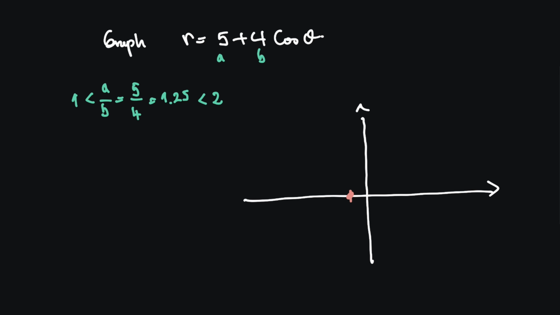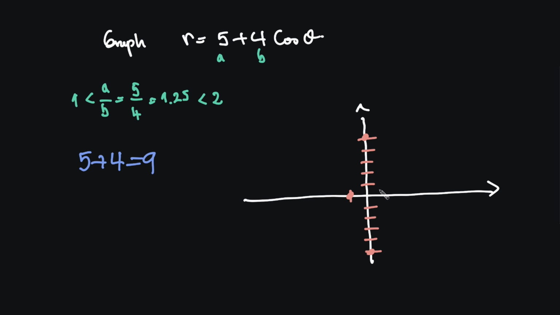Let's find the intersection points. The circles that are going to be intersected are 1, 2, 3, 4, 5 here, and 1, 2, 3, 4, 5 right here. Now, how are we going to know how far it's going to stretch out? The same thing. We take 5 plus 4, that's going to be equal to 9.